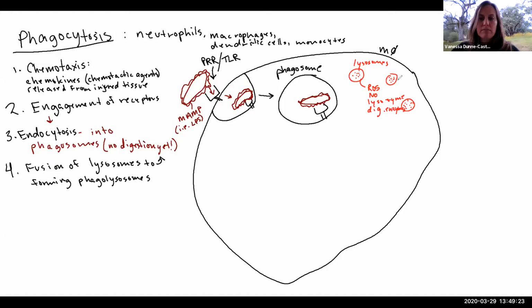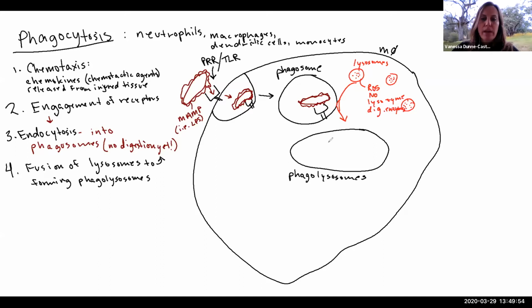So these guys are enclosed in their little membrane vesicles here, what we call a late stage endosome. These lysosomes will fuse with these phagosomes, forming these phagolysosomes. And this is where digestion occurs, okay?